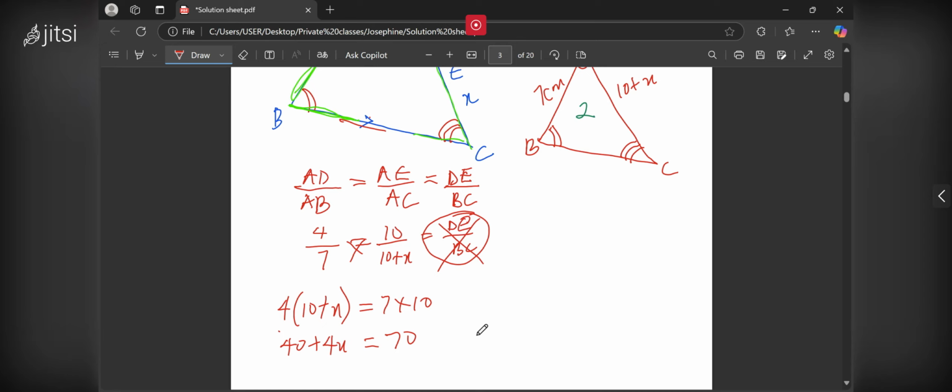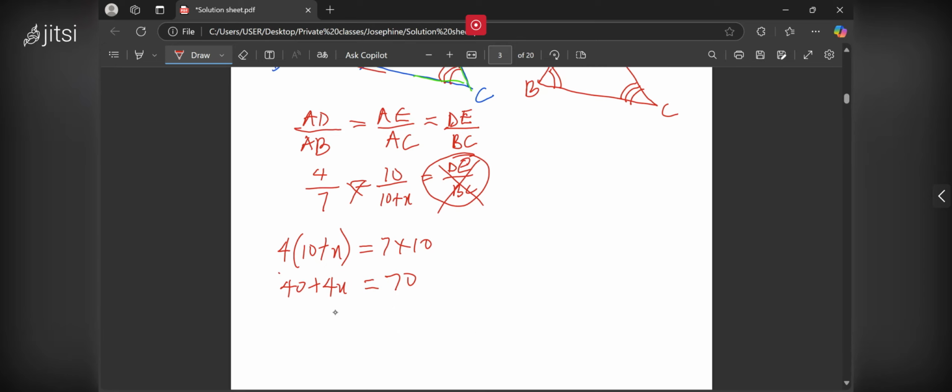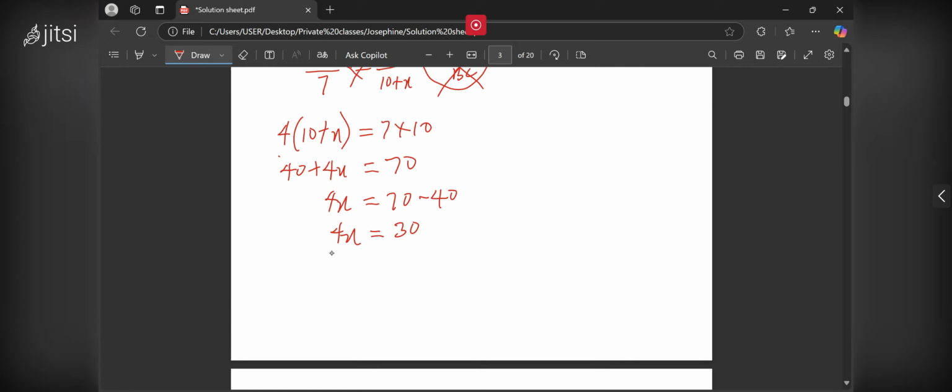We collect like terms: 4x equals 70 minus 40. So 4x equals 30. We divide both sides by 4. Therefore x is equal to 7.5, that's 7.5 centimeters.